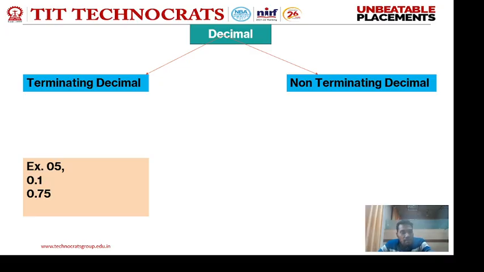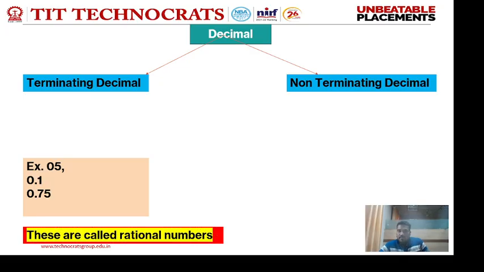This is a rational number. 0.75 is equal to 75 divided by 100, so you can write 3 by 4. So a terminating decimal is always a rational number. Terminating decimals can always be represented in p by q form, which is called a rational number.